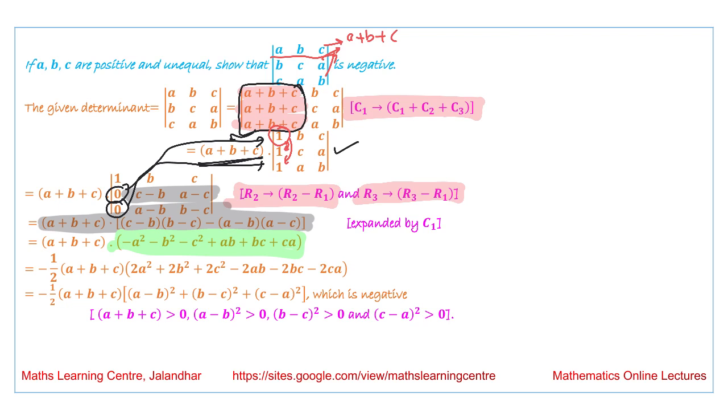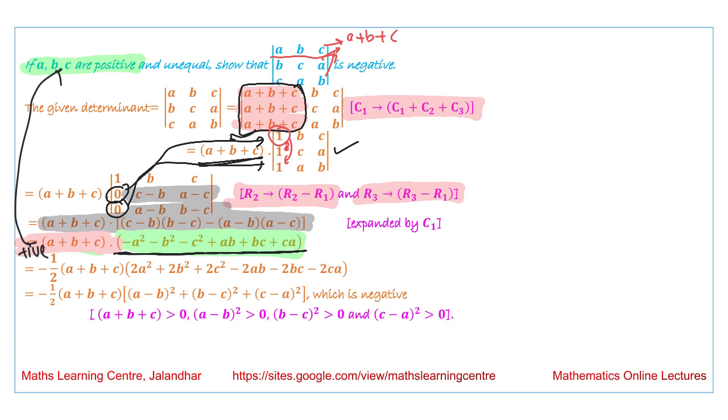Now it is given that a, b, c are positive. It means this first part is always positive. Now we are interested in this second part.